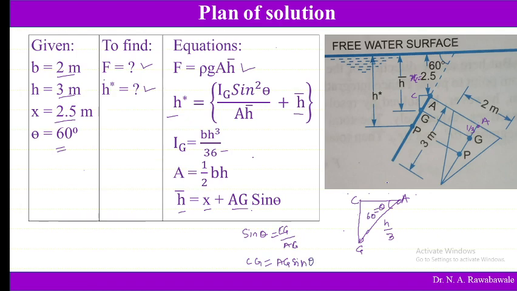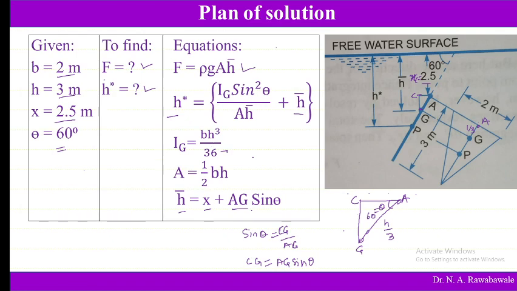Once we know CG, the distance from C to the surface is x. So the total distance h bar is x plus AG sin theta, where AG sin theta is the replacement for CG. Once we know h bar, A and Ig, we can find out F and h star.